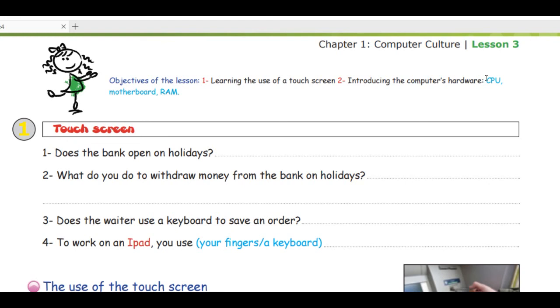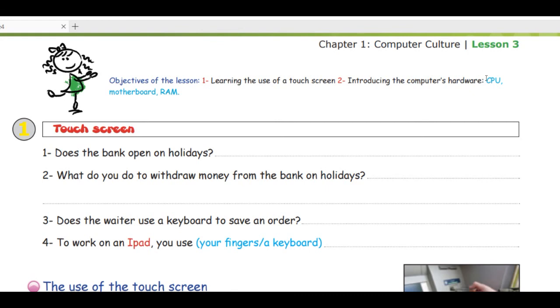So if we start with the touch screen, after several questions, as we said before, you can start by asking students what a touch screen is. You should expect a few answers. Give me some examples of touch screens, like the iPad, the computer touch screen, the watch.